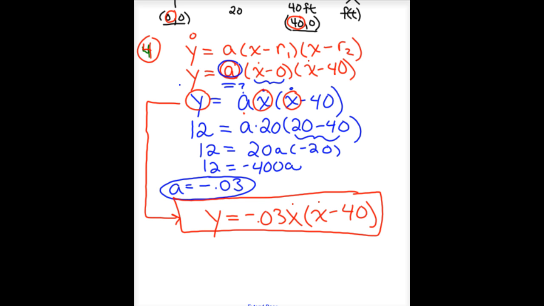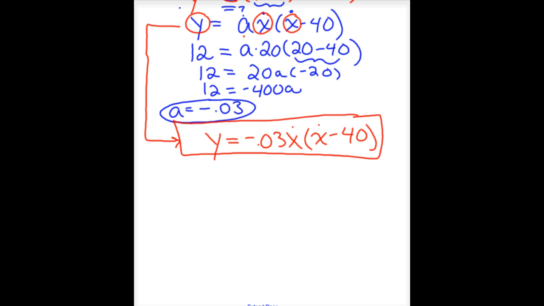So what was the next part of the question here? I did question 4. Question 5 says to put the parabola in vertex form, and they tell you what vertex form is. Vertex form of a parabola that has a vertex at h, k: in our case, h would be 20 because our vertex occurs 20 over, right in the middle, and they said the melon had a maximum height of 12.